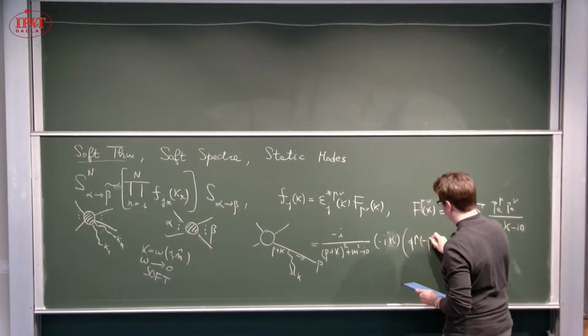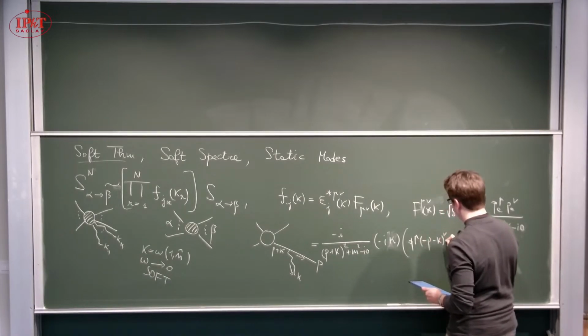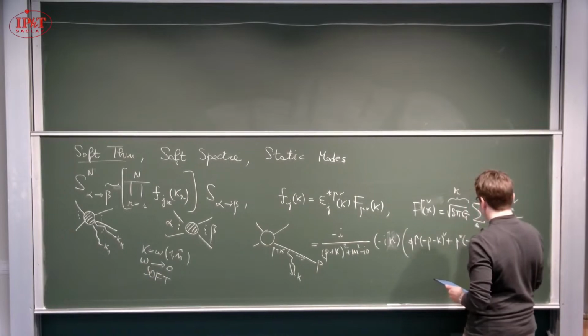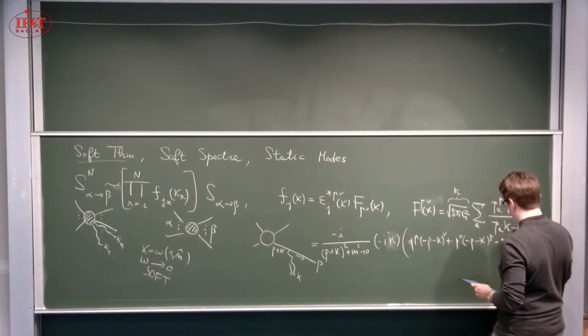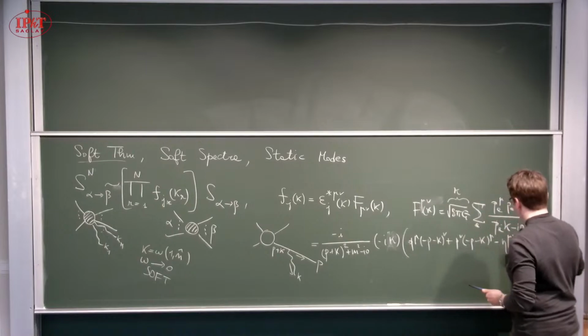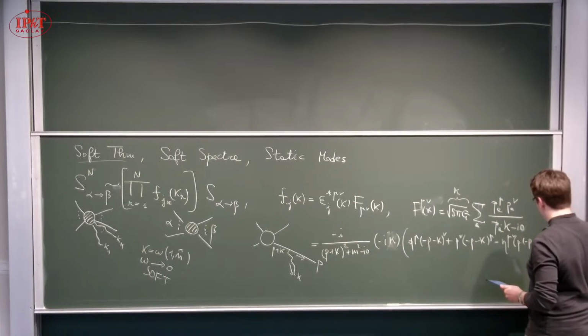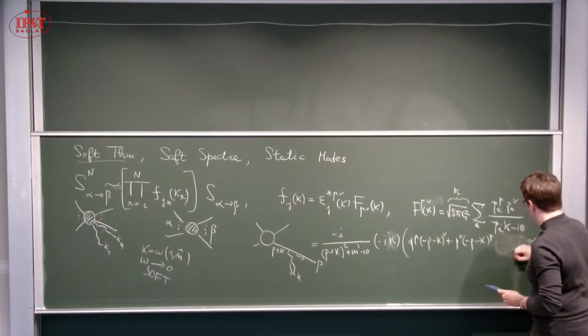Mu minus 3 minus k mu plus mu minus 3 minus k mu minus the mu, over p dot minus 3 minus k plus m squared. Let me write this in a new line, otherwise.